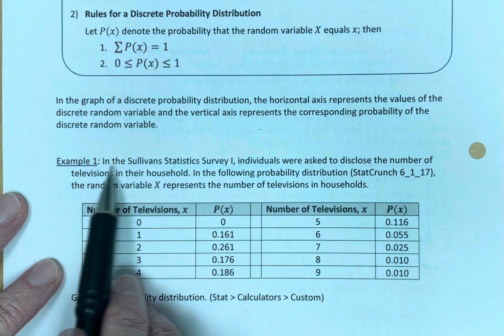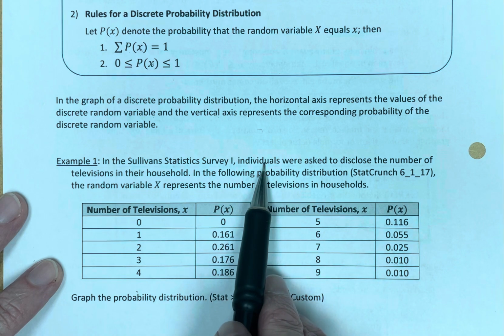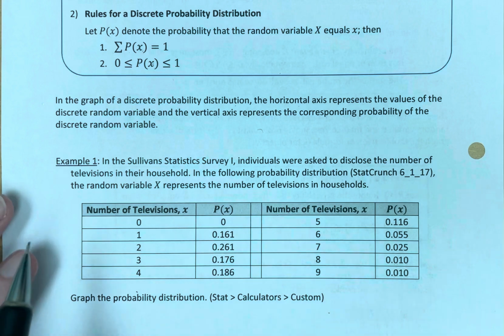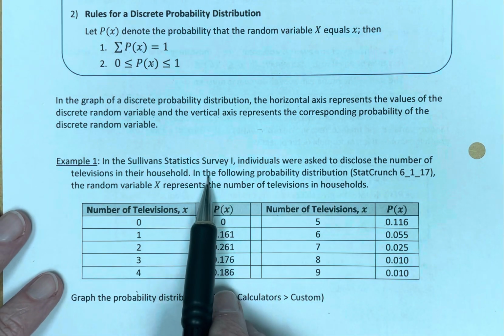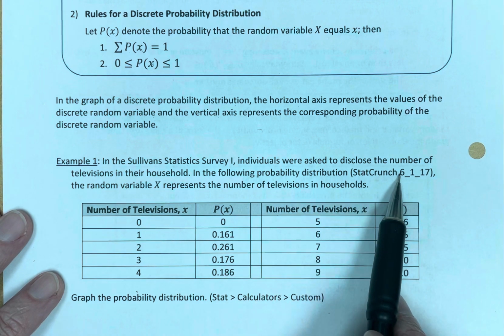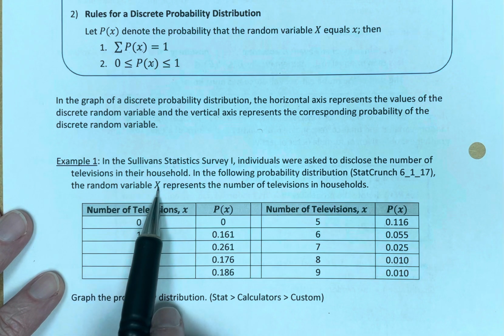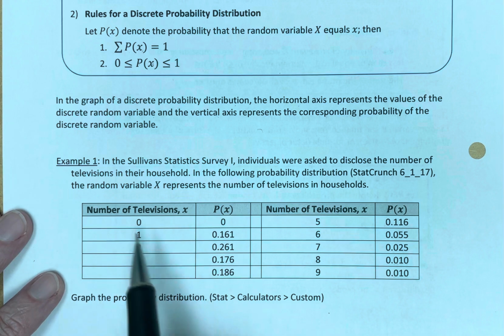Example 1. In the Sullivan's Statistics Survey 1, individuals were asked to disclose the number of televisions in their household. How many TVs do you have? In the following probability distribution, which is located in StatCrunch 6.1.17, the random variable x represents the number of televisions in these households.